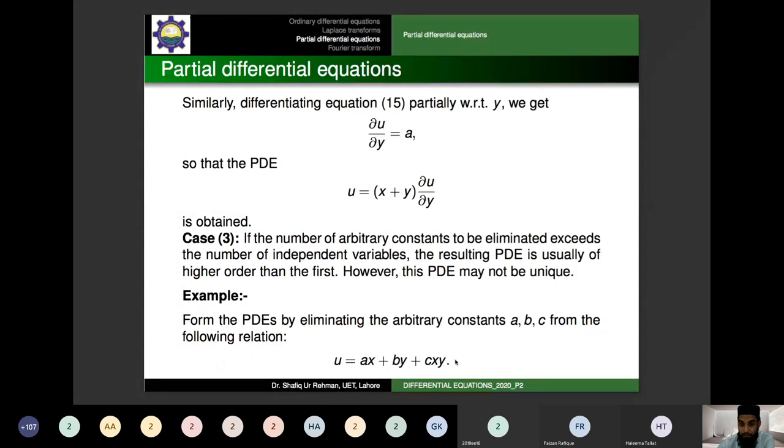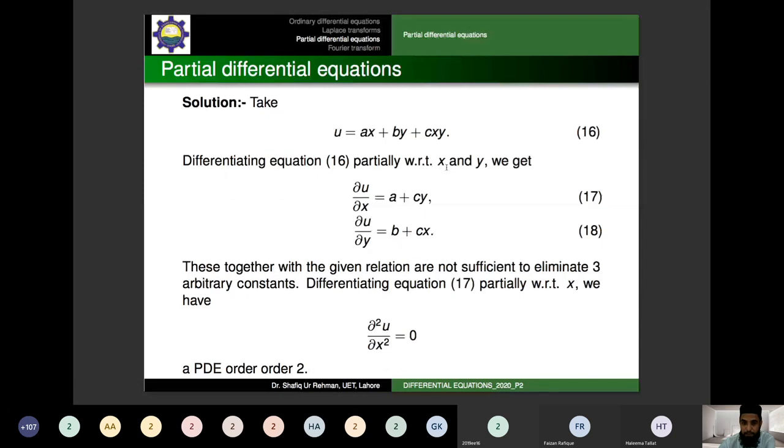So we can differentiate u partially with respect to x and y. If we partially differentiate u with respect to x, we will have equation number 17. Partially differentiating 16 with respect to y, we will have equation number 18.